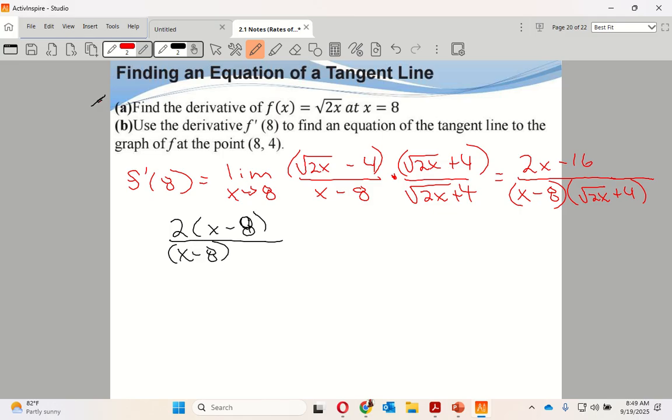That's the reason why I didn't try and distribute, because I'm going to cancel that thing out anyway. And 2x plus 4, and now I could take the limit as x approaches 8.